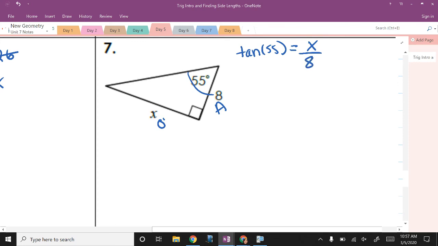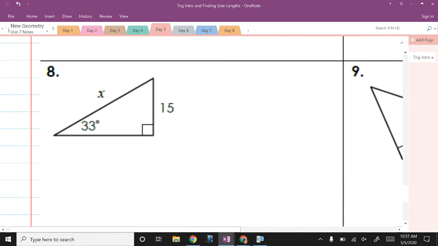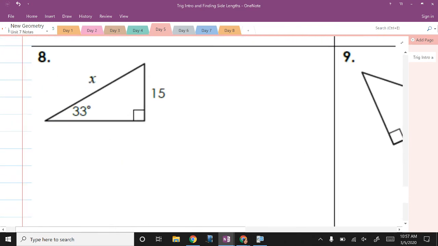Now, how do you get x by itself? Multiply by 8 on both sides. So 8 times tangent of 55 degrees equals x. So what did you get when you put that in your calculator? Approximately what? X is approximately 11.4. Raise your hand if you got x is approximately 11.4. Good job.